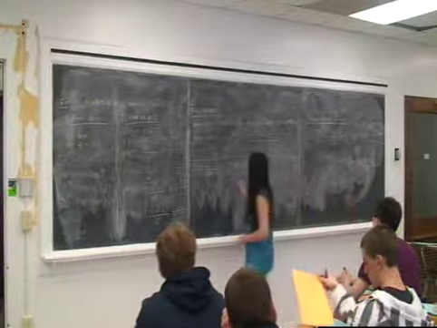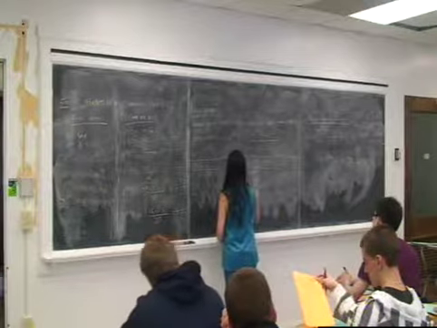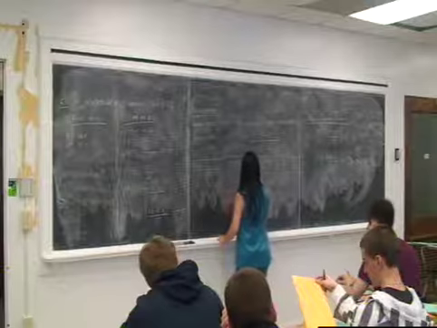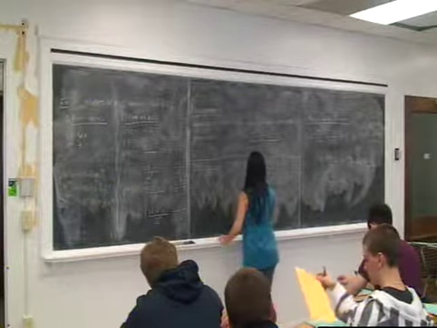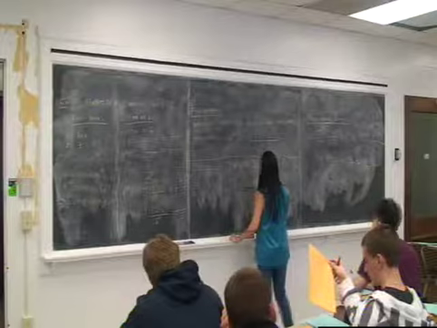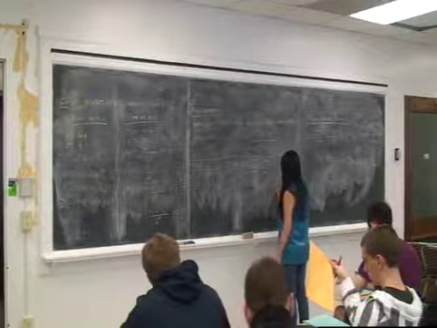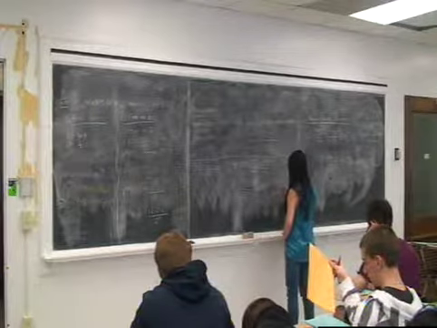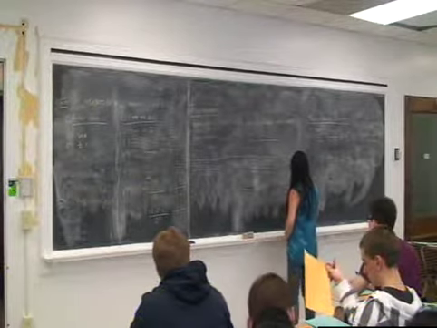So this summation is equal to the 0 term when n equals 0. So I have the 0 derivative of 2 over 0 factorial times x minus 2 to the 0. And I have plus the sum from n equals 1 to infinity of the nth derivative of 2 over n factorial times x minus 2 to the n.